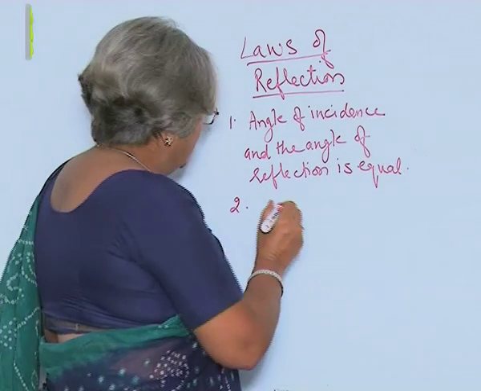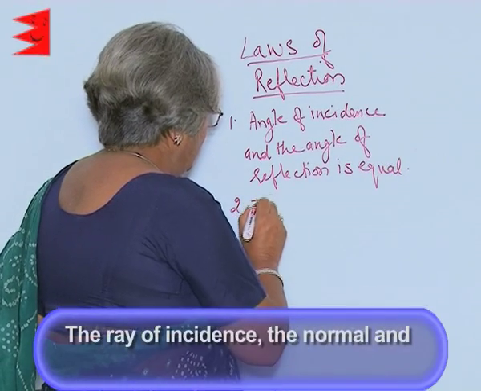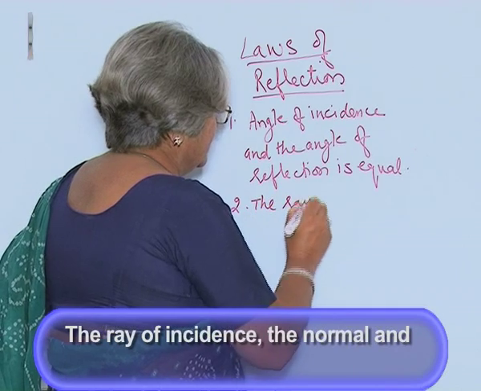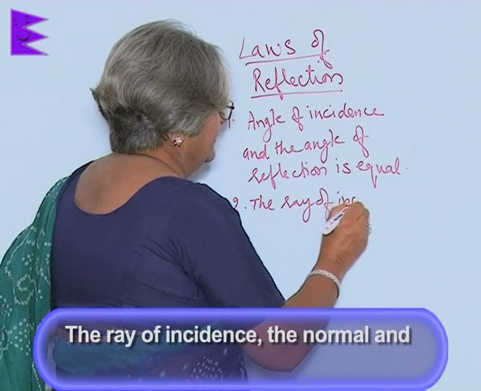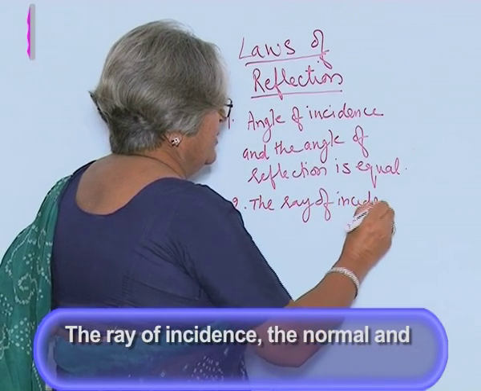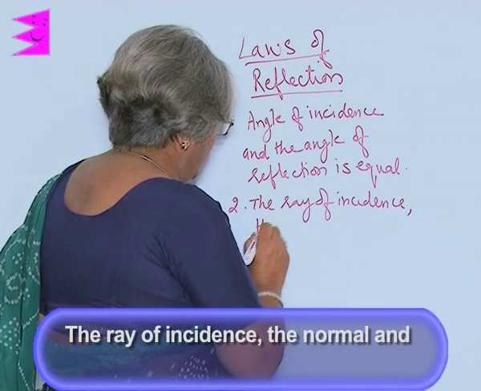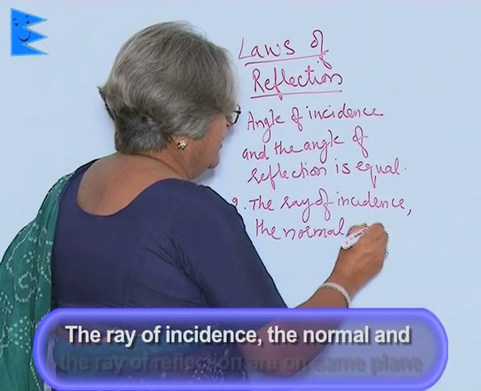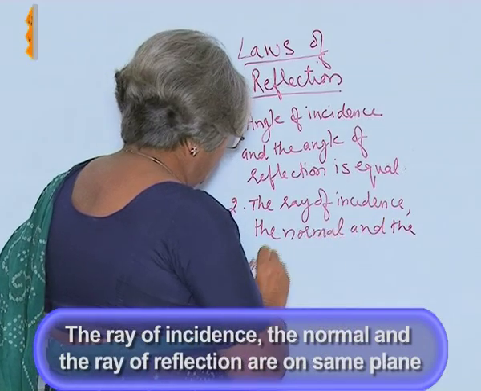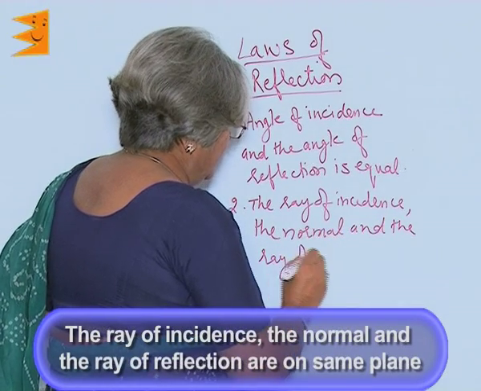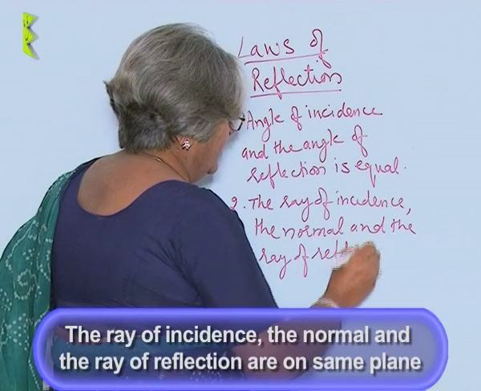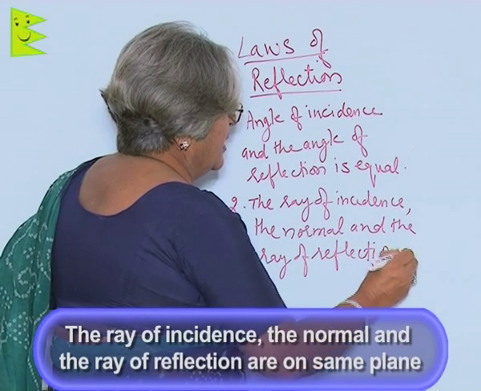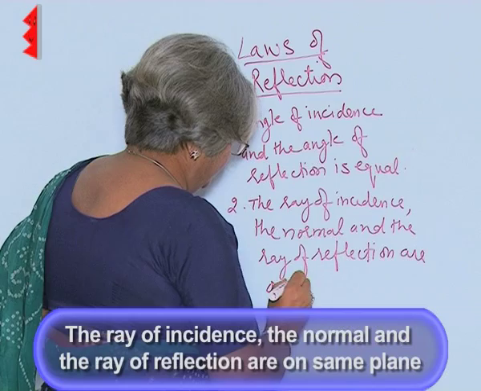Second law is that the ray of incidence, the normal and the ray of reflection are on same plane.